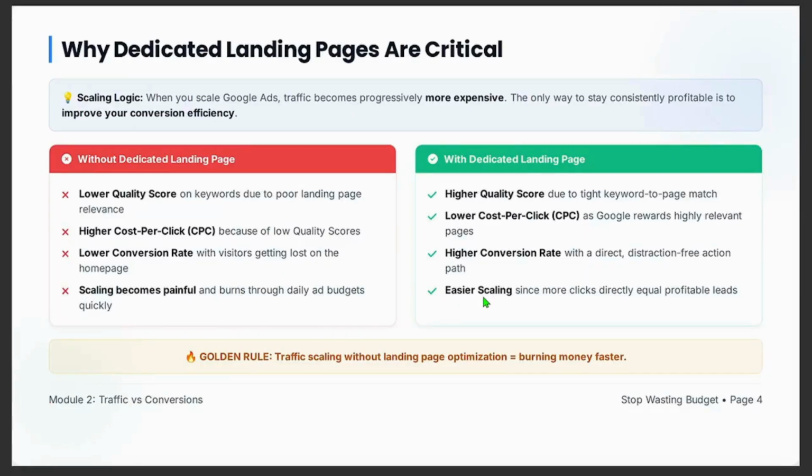Now why is a dedicated landing page so critical? Here is the reality. When you scale your Google Ads, traffic becomes more expensive. So the only way to stay profitable is to improve your conversion rate. With a dedicated landing page, you get a higher quality score, lower CPC, I mean cost per click, higher conversion rate, and easier scaling.